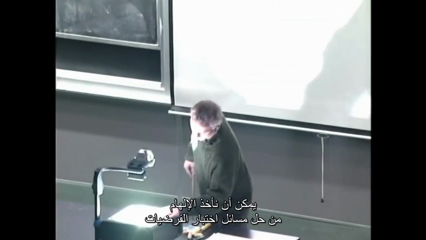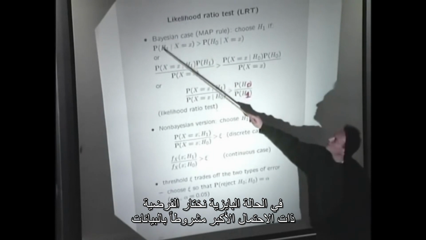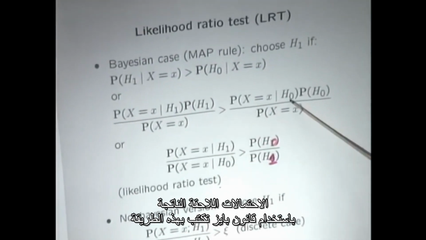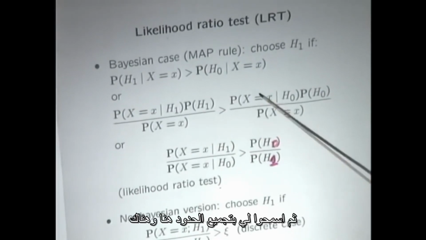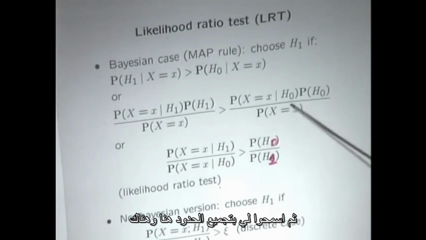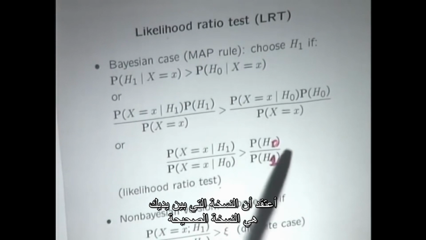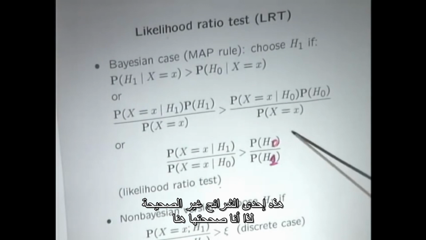We can take our inspiration from the solution to the hypothesis testing problem that we had in the Bayesian case. In the Bayesian case, we just pick the hypothesis which is more likely given the data. These posterior probabilities using Bayes' rule are written this way. And this term is the same as that term. They cancel out. Then let me collect terms here and there. I get an expression here. I think the version you have on your handout is the correct one, but the one on the slide was not the correct one, so I'm fixing it here.